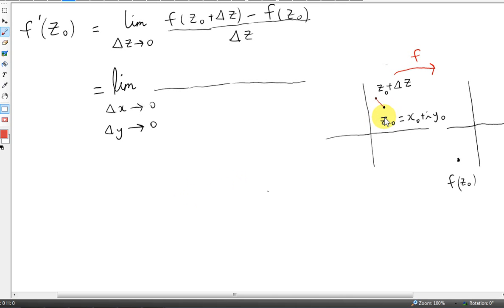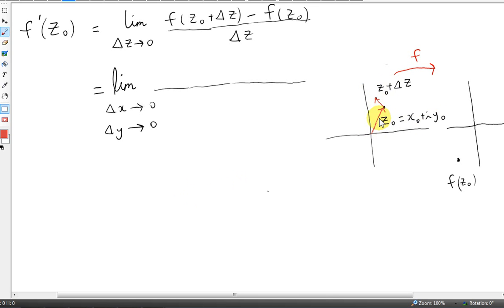Now, our complex number z0 we can call x0 plus iy0, and if we add delta z onto z0, we get this nearby point z0 plus delta z. So it's like adding vectors.